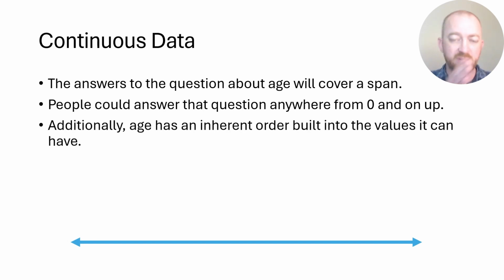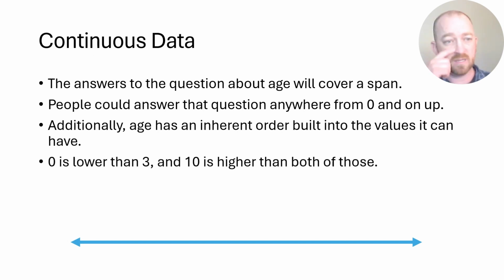For example, there's an inherent order to the answers people would give me on age. As I said, for example, 0 we could all agree is lower than 3. And 10 is higher than both of those, okay? And so if I can do that to the answers people give me, I can put them in an inherent order, then these data have continuous properties in addition to the categorical properties they have, okay?